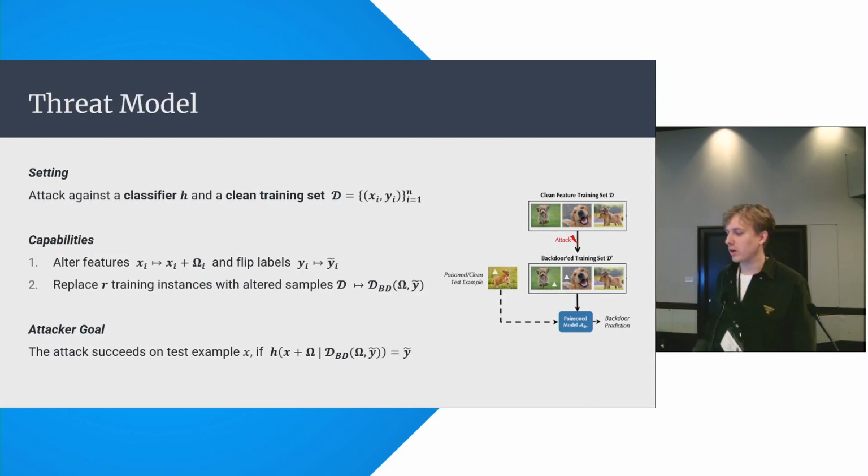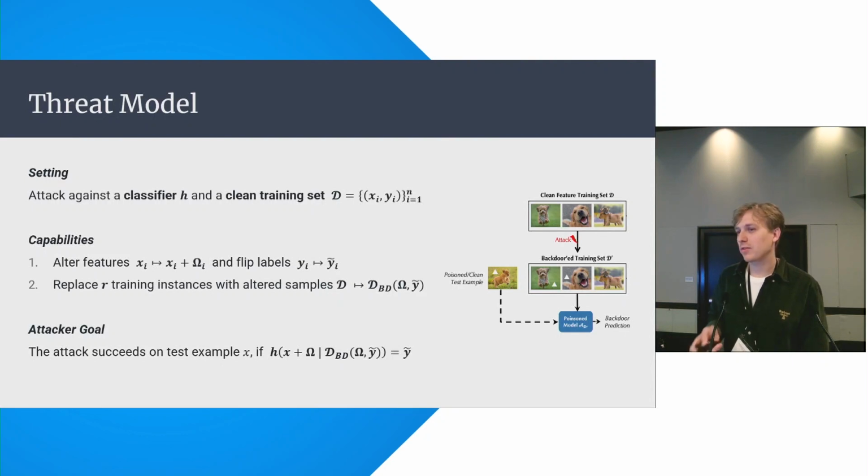So, for example, if we have a training set consisting of images of dogs and lions, then the attacker adds those triggers to images of lions, for example, and flips the labels to be dogs. And then, if during deployment they add this white triangle to an image of a lion, then they can control the prediction, fooling the classifier into believing that this is an image of a dog.